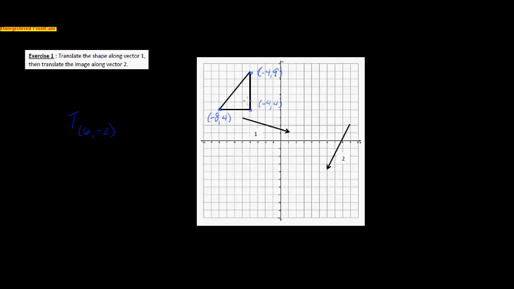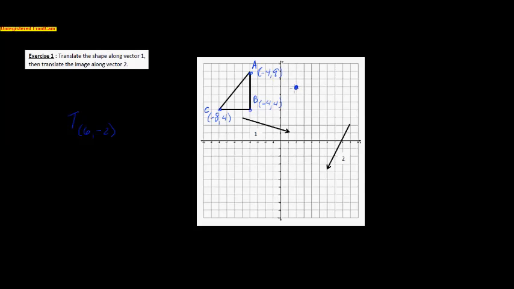Alright, so let's give this some points here. Let's call this one A, and this one B, and this one C. I'm going to slide each of these points according to this translation that I put over here. It just went by this vector. So I'm going to take each one of these, I'm going to go over 6, 1, 2, 3, 4, 5, 6, and down 2.